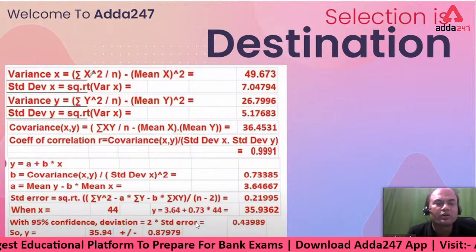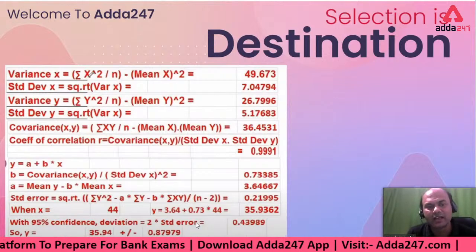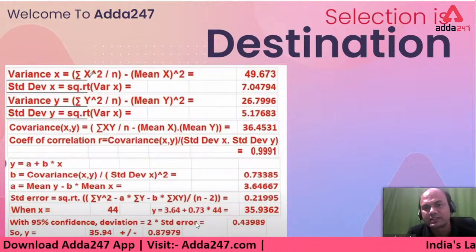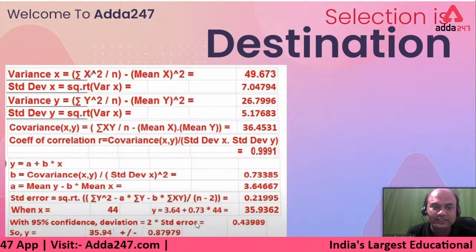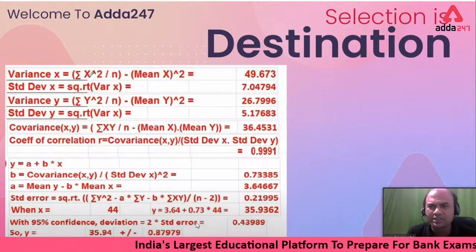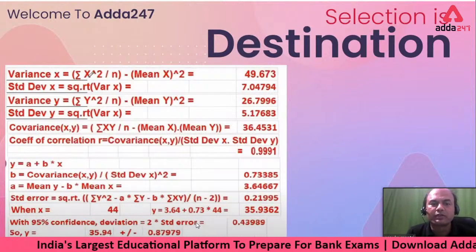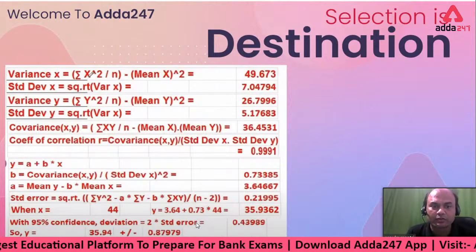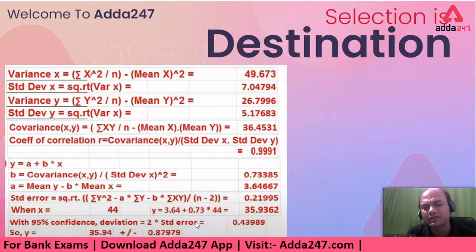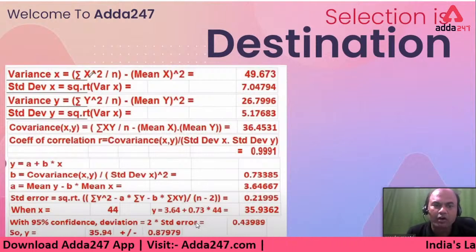Standard error means what? What do we do in statistics actually? In statistics, we take a sample. Suppose you have to survey 1000 people. The population is 1000 of a town, of a village, let's say. You can't survey them all because you have less time or less cost.